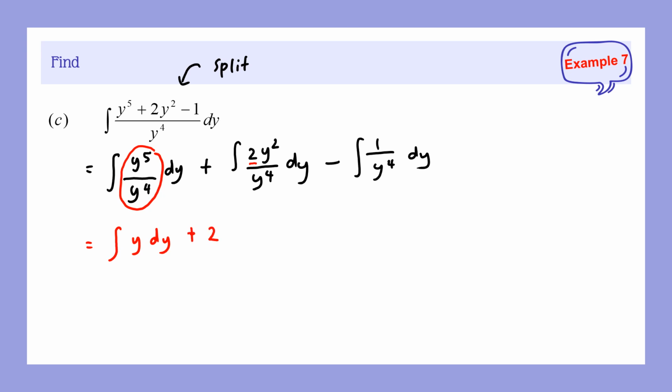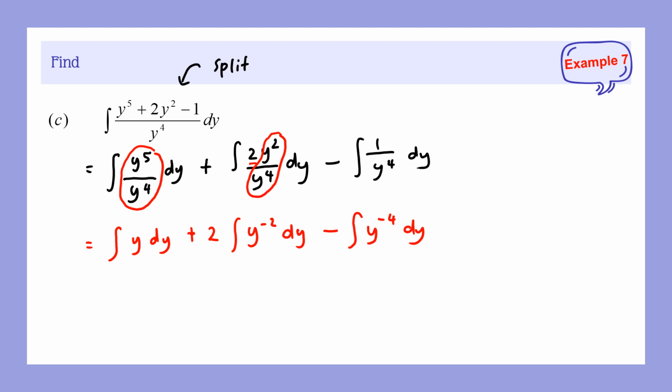Then y squared over y to the power of 4, we can simplify using the rule of indices, so we get 2 times the integral of y to the power of negative 2 dy. Then minus, this one we change to the integral of y to the power of negative 4 dy.